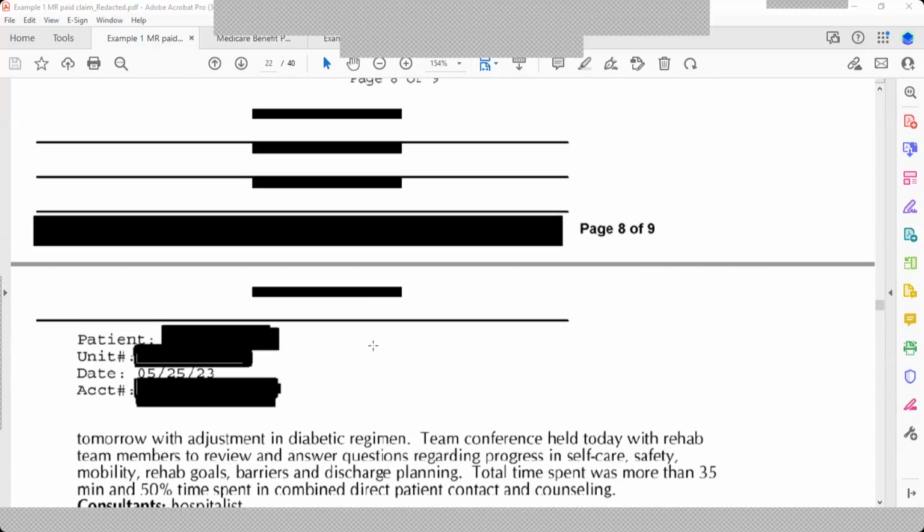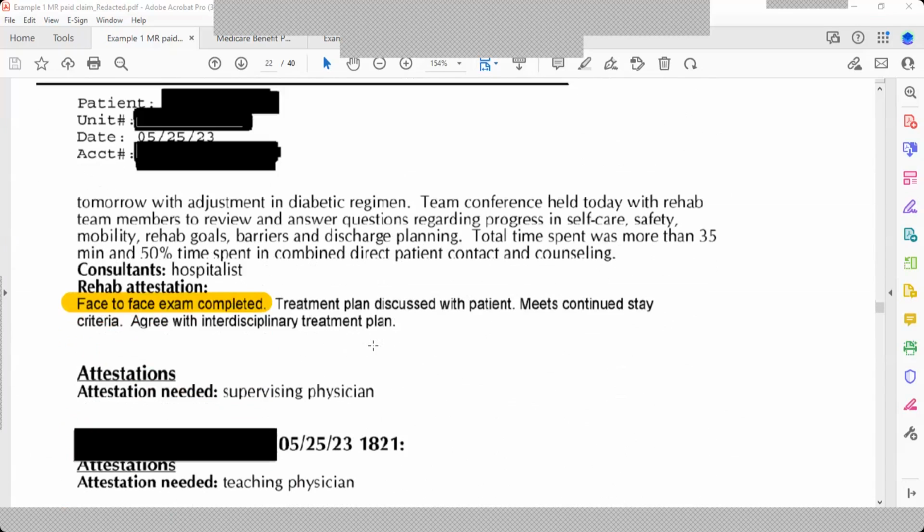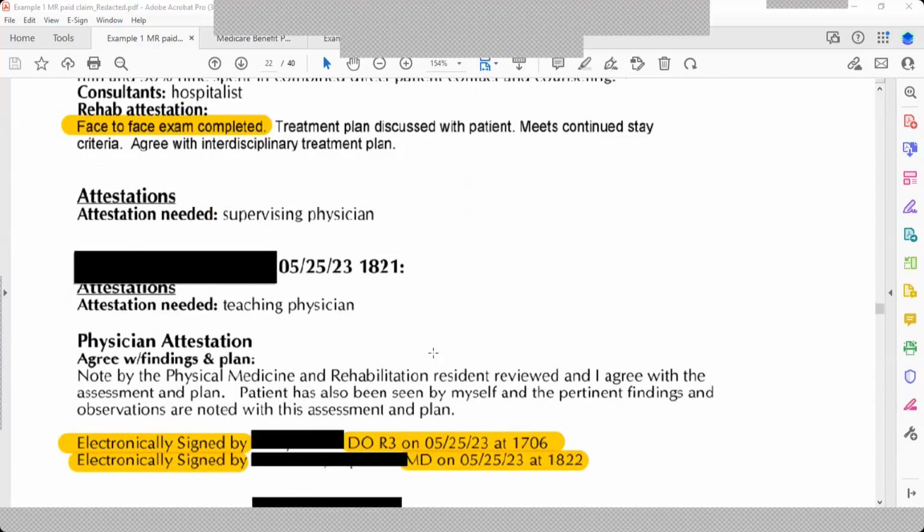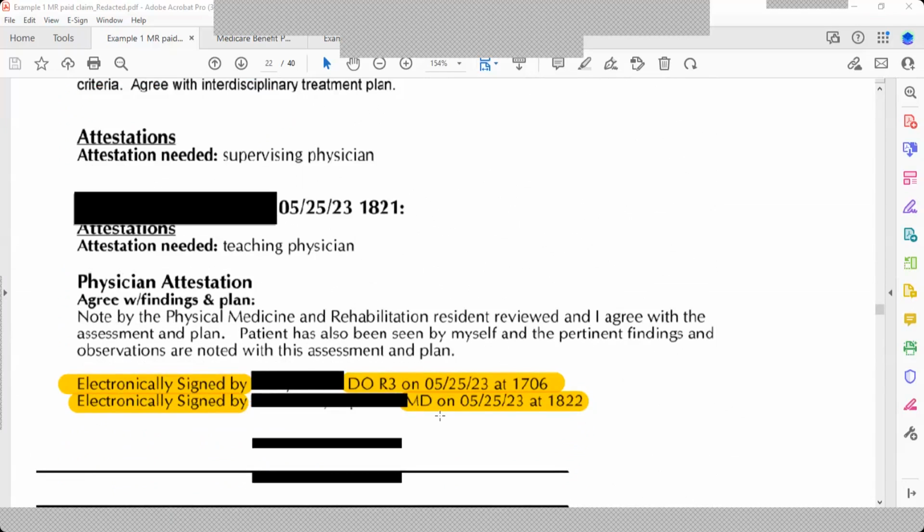As we can see on this next page, we have the resident rehabilitation physician and the supervising rehabilitation physician have written their attestations and then have electronically signed, dated, and timed the face-to-face note on May 25th, 2023.